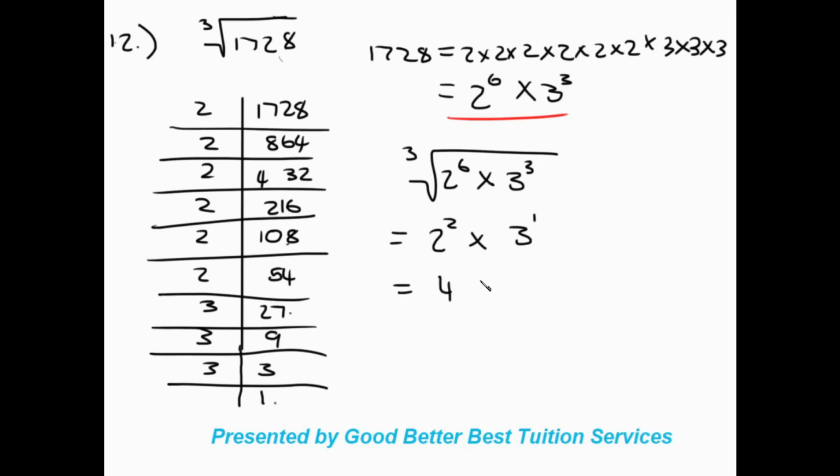So we're left with 4 times 3, which is going to give me a final answer of 12, because the 2 squared gave me that 4. So then we did 4 times 3 equals 12. So therefore we found the cube root of 1728. Cool? So that would be our final answer there.